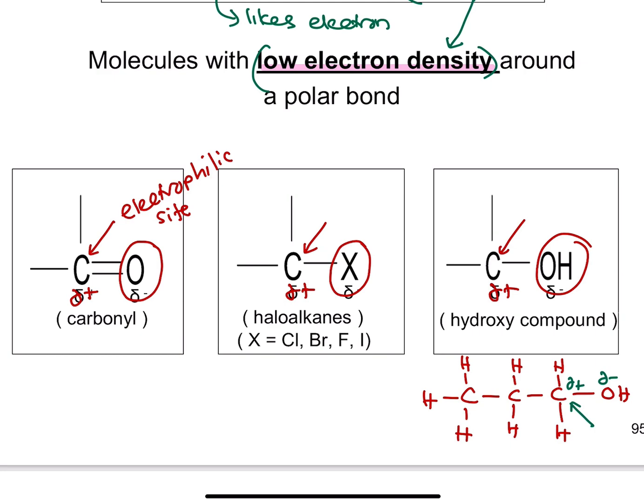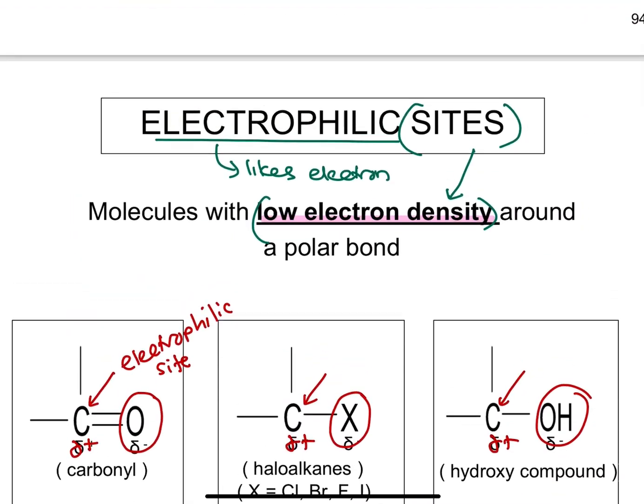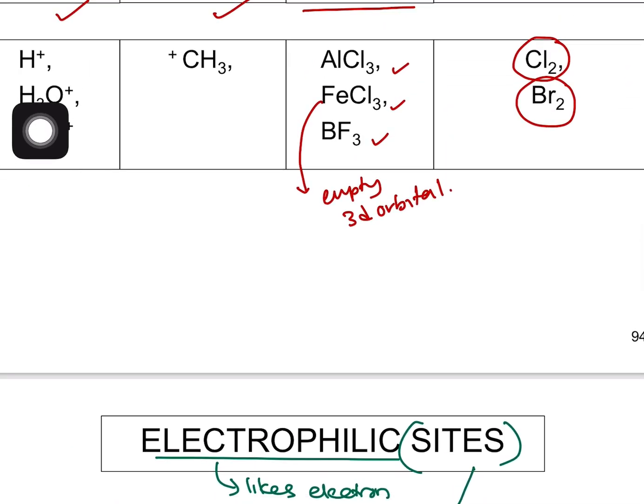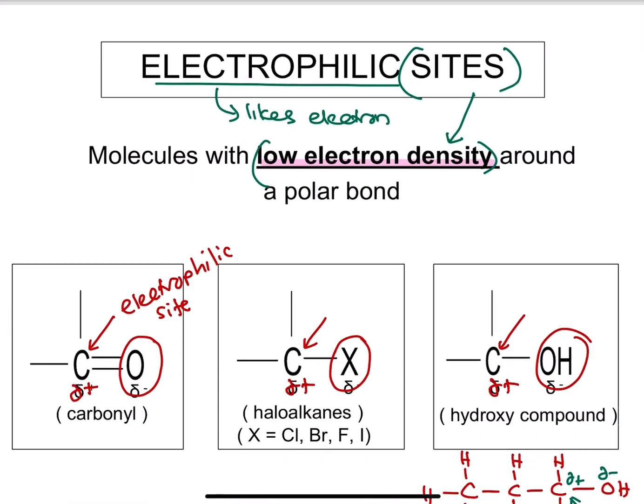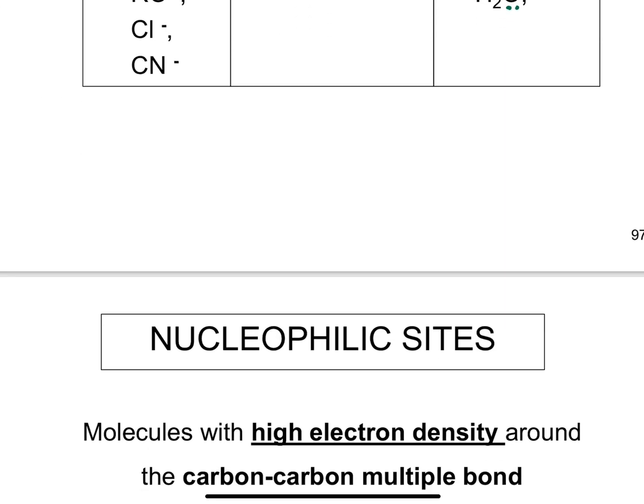Okay, the region of low electron density. Thus, that becomes the electrophilic site because it's a part of a molecule. Okay, dia bukanlah satu molecule like this. We can't say, okay, this is an electrophile. No, it's a part of a molecule, so it becomes an electrophilic site. Now let's look at nucleophilic site.